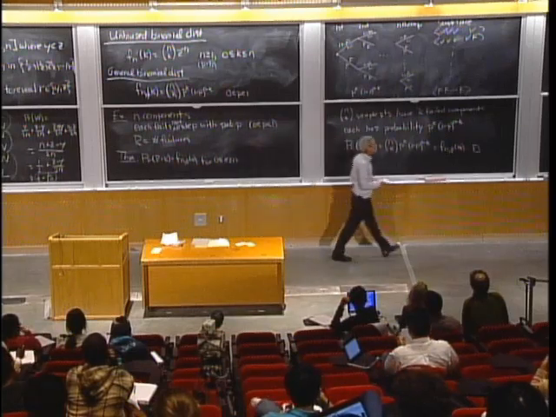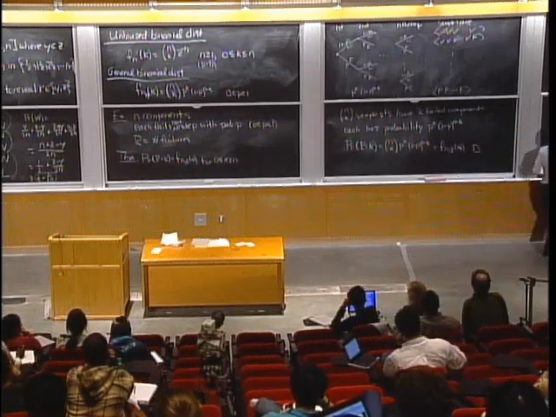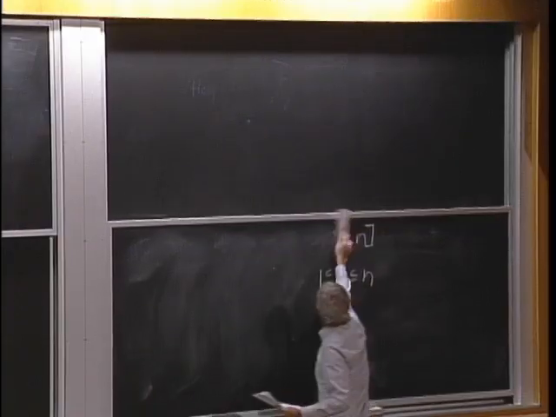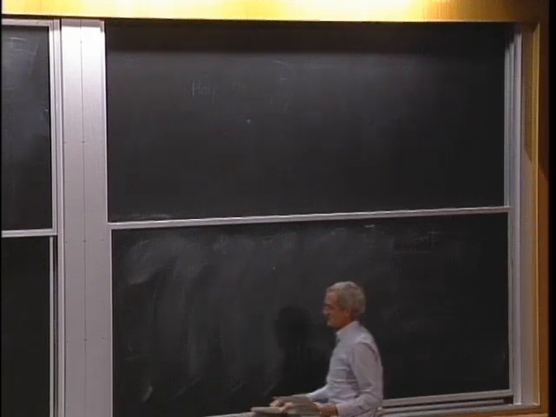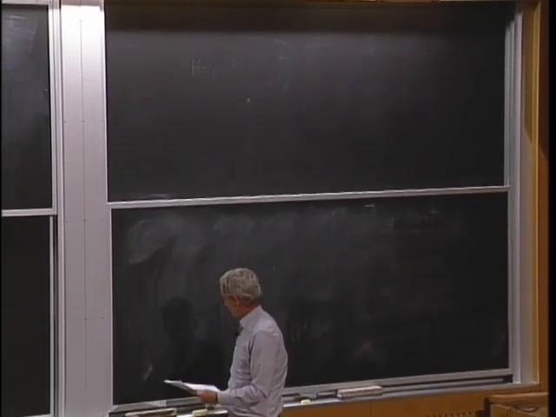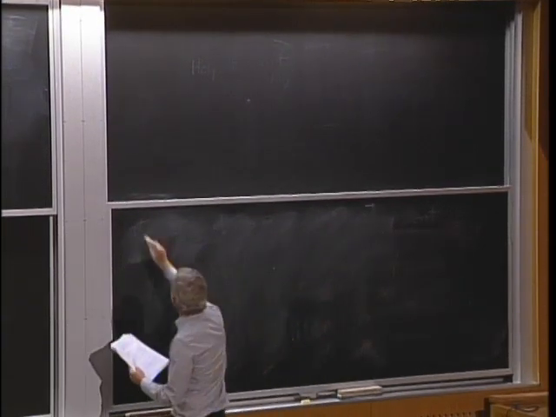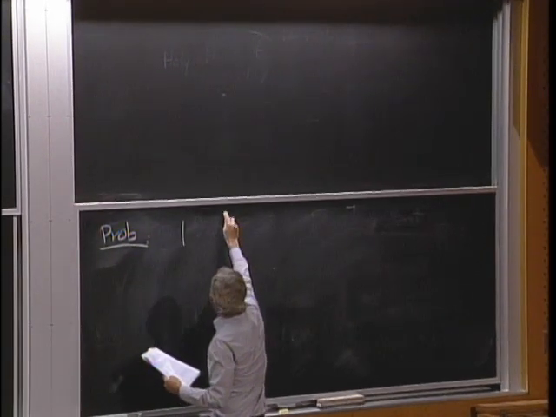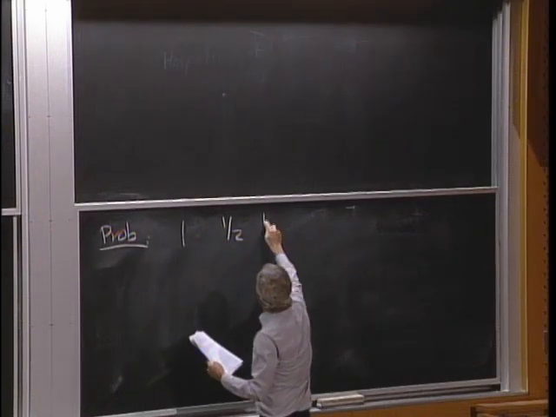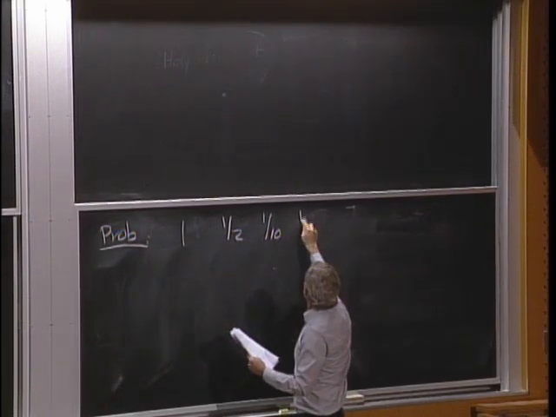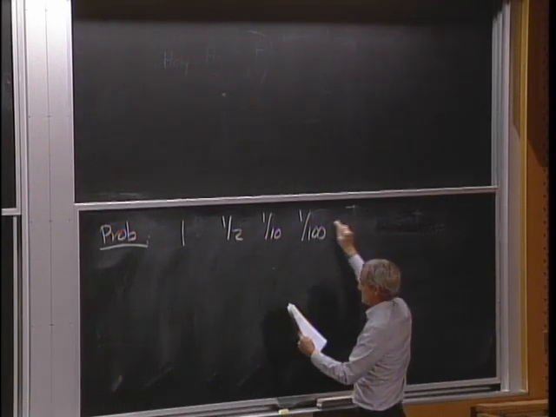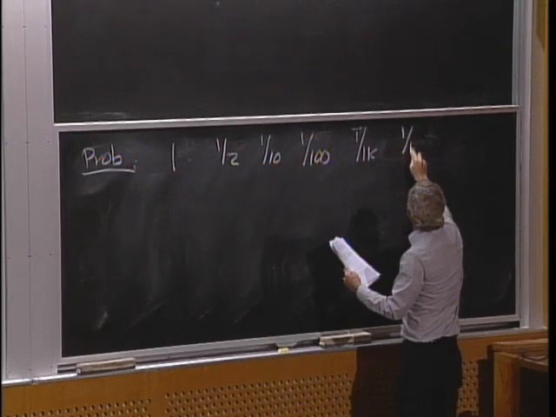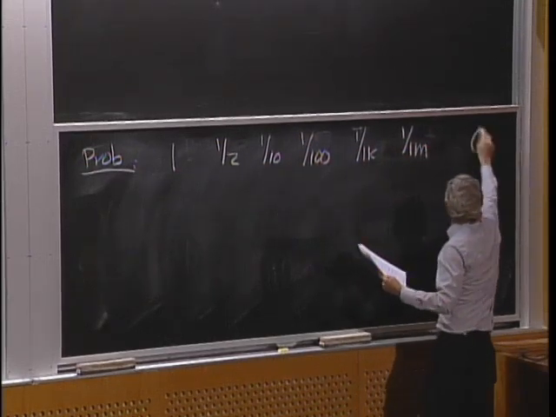In fact, let's test intuition here for this. We're going to take a little vote to see how good you are looking at that formula, or what your intuition is about the probability of getting exactly 50 heads. It could be between 1 and a half and a tenth, a tenth and a hundredth, a hundredth and a thousandth, a thousandth and a millionth, and 0.